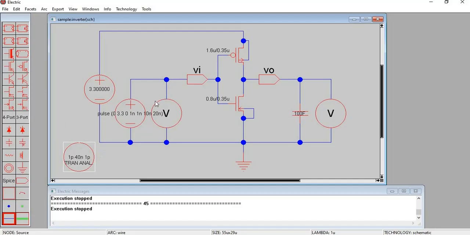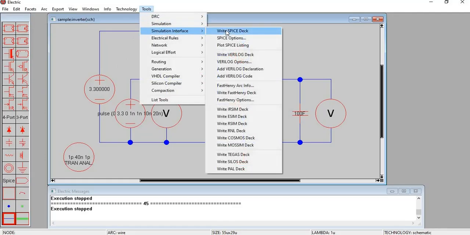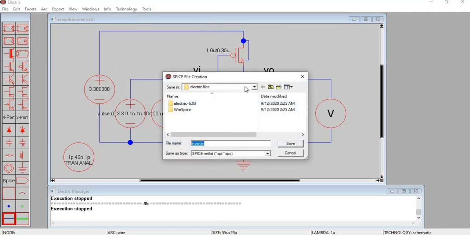So once you were able to place the proper components that you need for the transient analysis, you just need to change the pulse as well as this transient, instead of the usual DC analysis. Then go to Tools, Simulation Interface, Write Spice Deck. Files, all files.